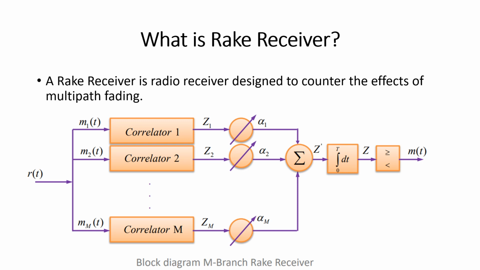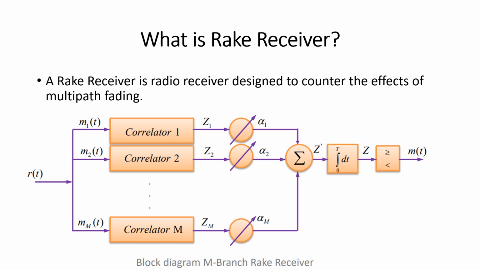And we have already discussed that the first multipath component arrives at tau 1 and the second multipath component arrives at tau 2, and up to the Mth, that is tau M, at which we receive the Mth signal component. All these correlators are tuned, that is, time shifted or delayed versions of that particular signal.